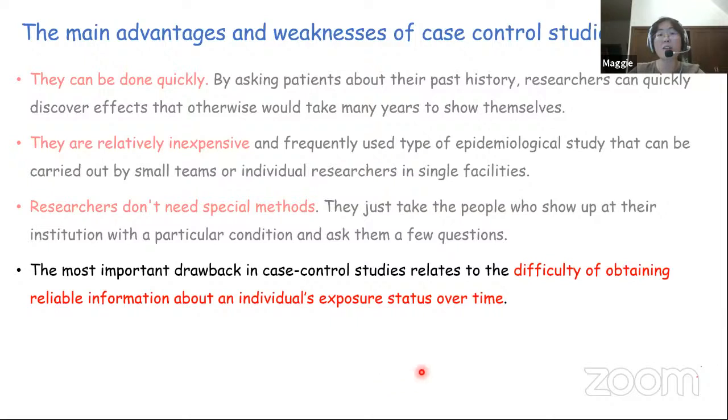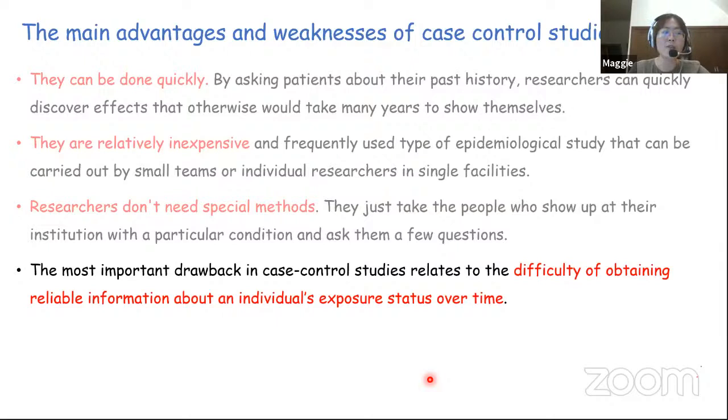exposure status over time. For example, if you are working on smoking and lung cancer development, when the lung cancer patient comes into the hospital, you ask them, how long have you been a smoker? And maybe they cannot remember the exact correct number, for 1 year, 2 years, 3 years, or 11 years. Sometimes they cannot remember very well.